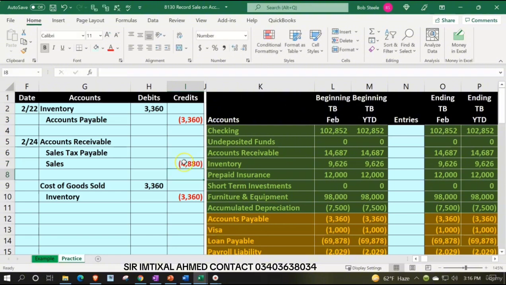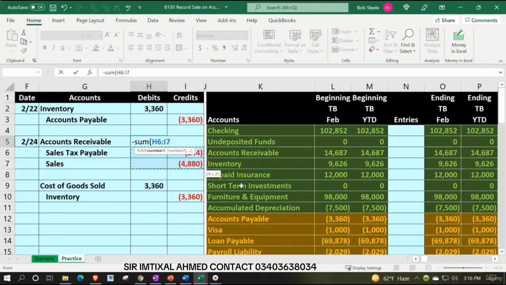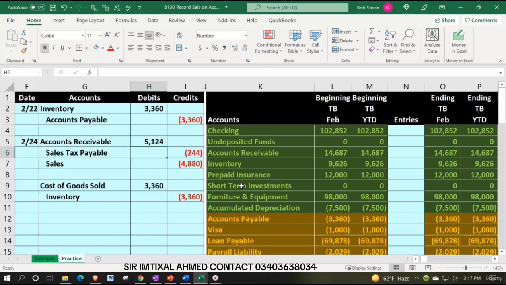So that's going to give us then the 4880. We've got to pay the sales tax to whoever's telling us we need to pay them sales tax. If you want to stay in business, you've got to pay for protection. So we pay the state and the government and the city the 5% for our practice problem, the 244, the negative sum. We got the 5124 here, so that looks good.